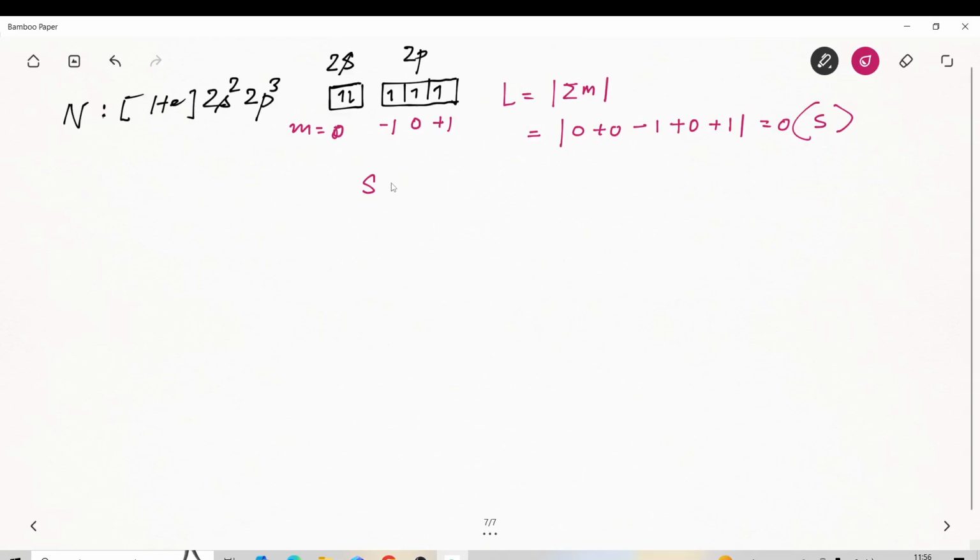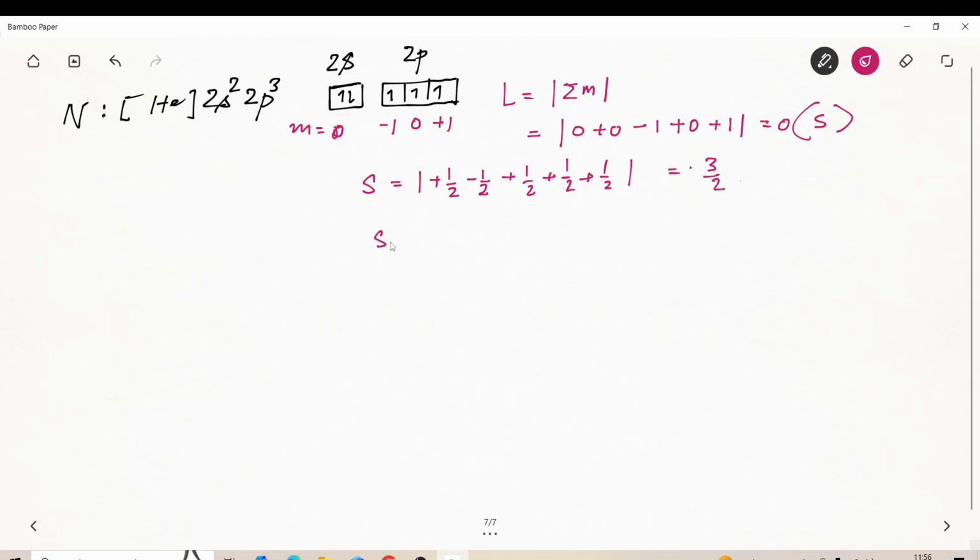So this will be equal to what? For the two electrons in the s orbital, one is plus half, one is minus half. For the electrons in the p orbitals, plus half, plus half, plus half. So this is 3/2. Okay?